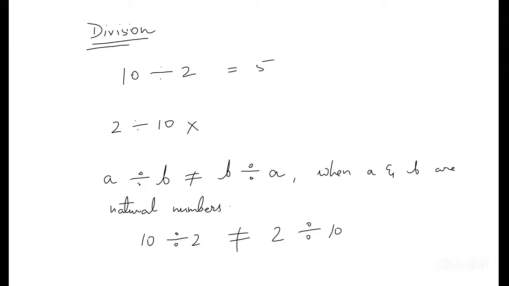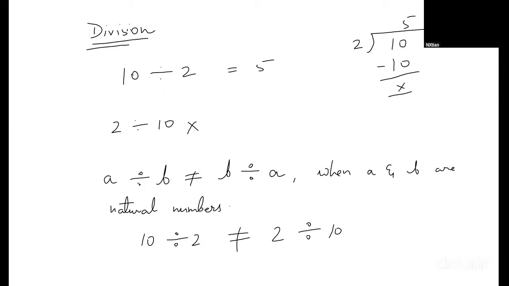Now, when we are doing division, how do we divide it? Like this. Suppose I have 10 and 2. 2 fives are 10, and then I have 0. While we perform division, there are parts in division.